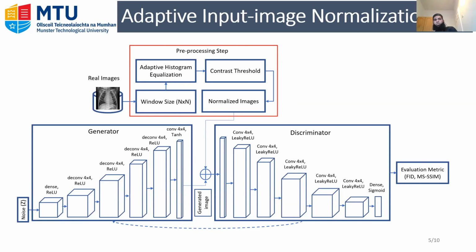The generator is actually learning based on the feedback provided by the discriminator. The discriminator learns from the real data, takes the noisy image from the generator, differentiates between both these images, and gives feedback to the generator.